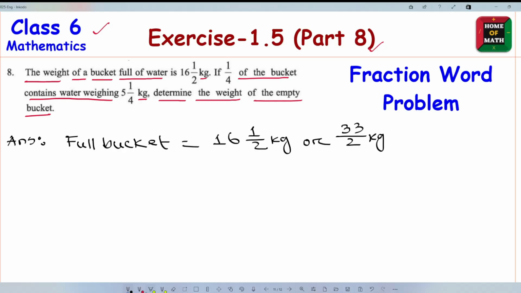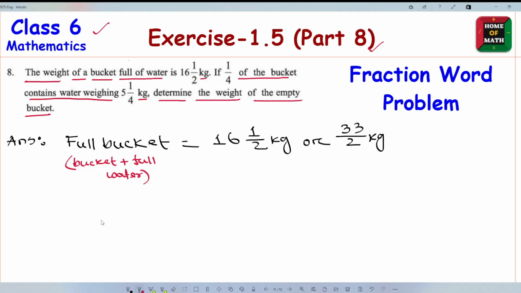This is full bucket, it means bucket plus water. We can also write here bucket plus full water. It means 33/2 kg.